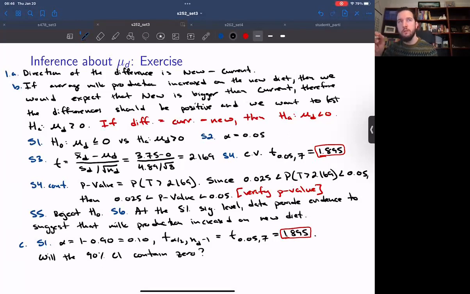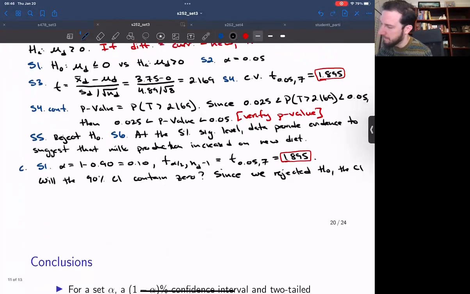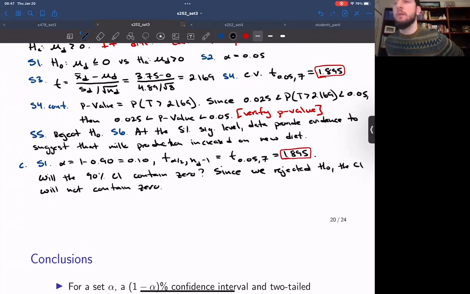So we rejected the null, so the CI will not contain 0. Okay, and thank you for answering. So we're going to say it's not going to contain 0, which it won't because we rejected the null. So now we just have to verify it.